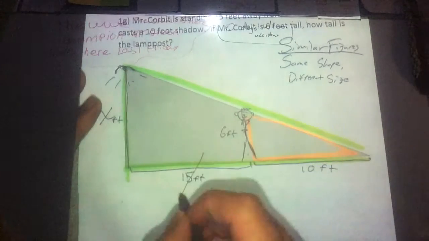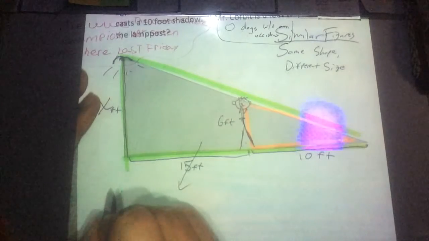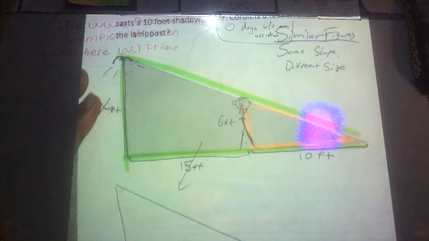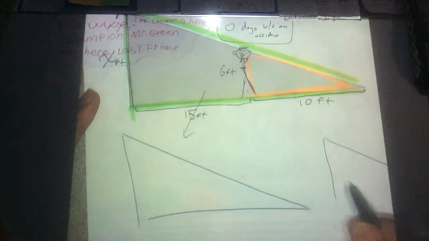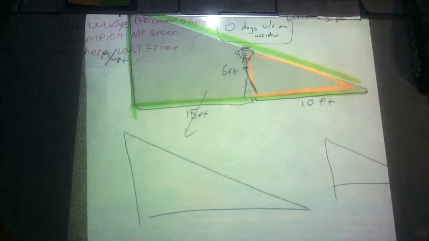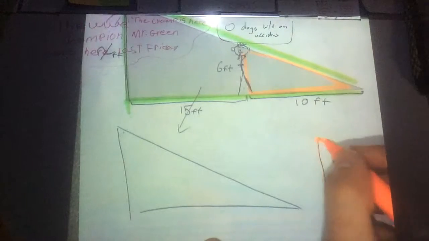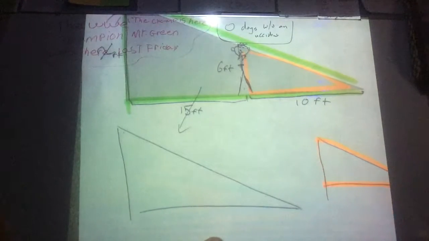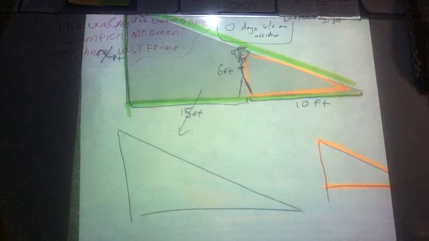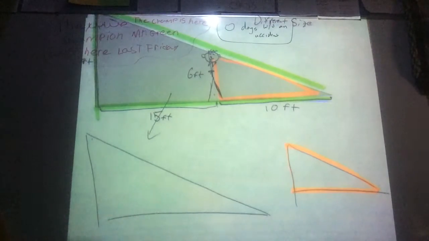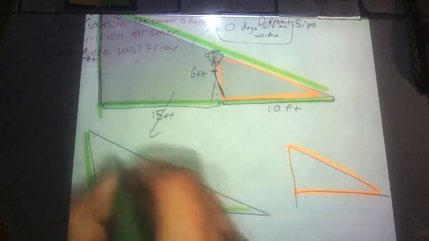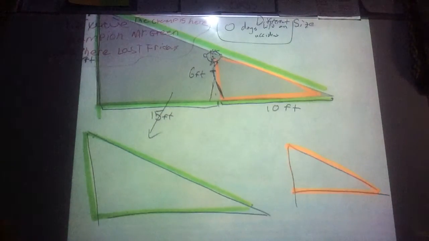What I like doing is drawing the bigger triangle, and then also drawing the small orange triangle. You can be much neater in your composition notebook. I should model being neat as well. And here's the big green triangle.